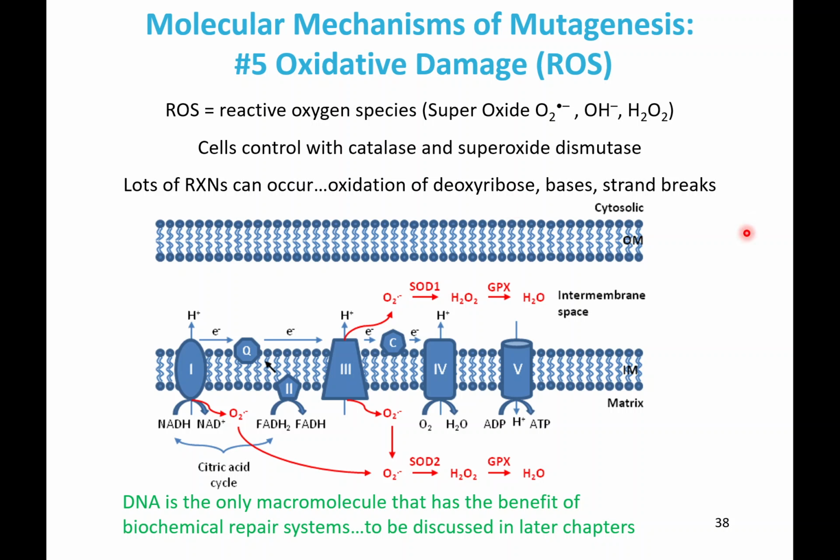Okay. And this figure shows you where these reactive oxygen species come from. They come from your main electron transport chain. Superoxide can be formed in complex 1, complex 2, and complex 3. Okay, and that's where superoxide dismutase comes into effect. It can react with superoxide and form hydrogen peroxide.